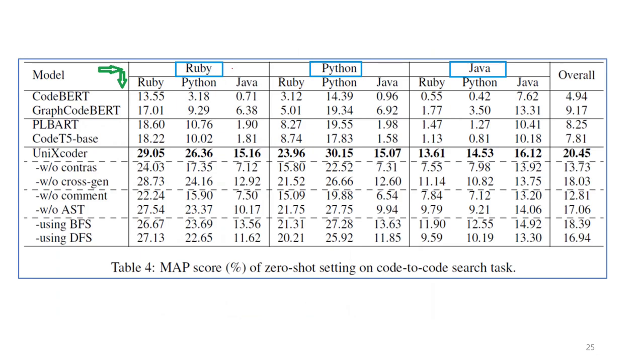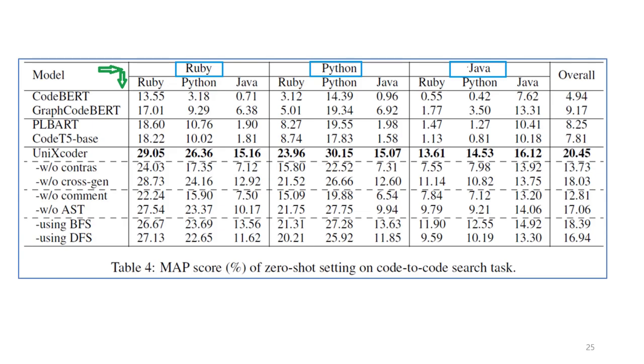We take Ruby source code, then the models are required to search source code in Ruby, in Python, in Java. Same to that, we take source code in Python, then we are retrieving Ruby, Python, or Java source codes with the same functionality of our query.